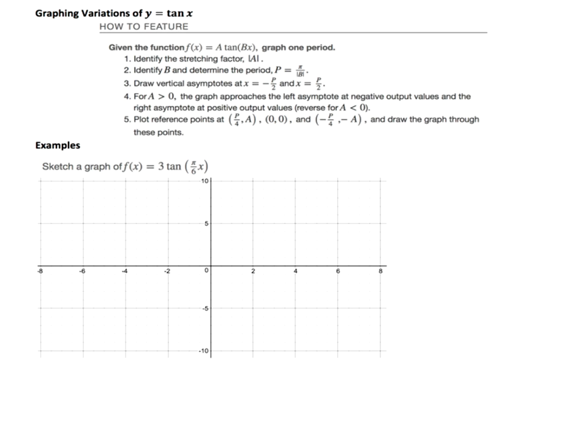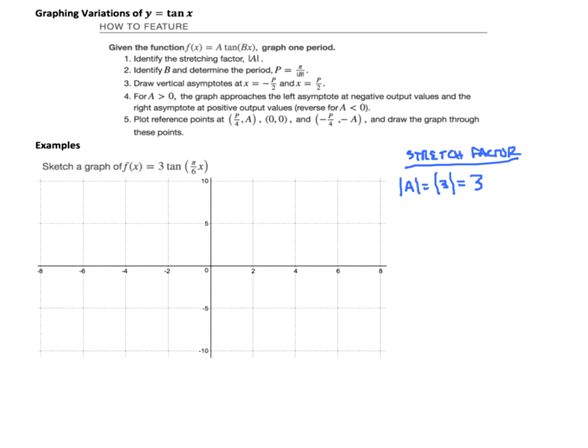Okay, so our first task is to figure out the stretch factor. And the stretch factor is given by the absolute value of a. In this case, that's the absolute value of 3, which is 3.